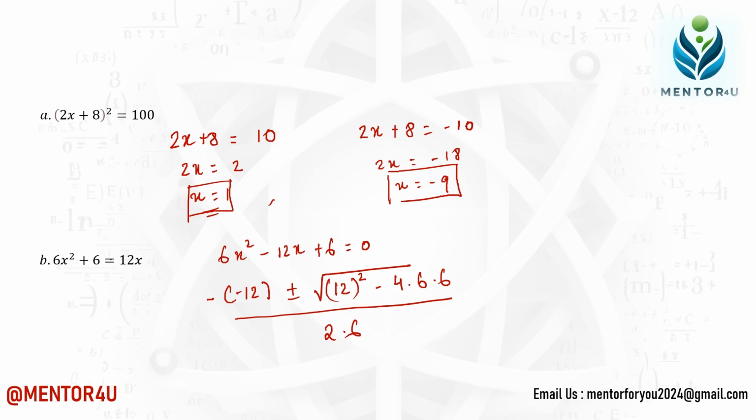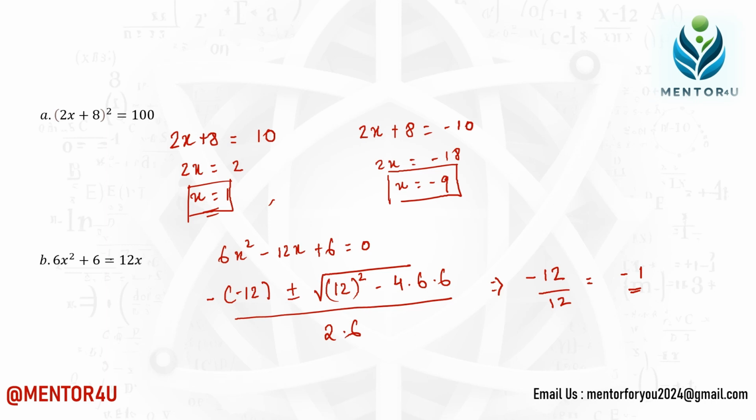I think 12 square is 144 and 6 multiplied by 6 multiplied by 4 is also 144. So they will cancel out. It will be 0. So we have minus 12 divided by 12, which is minus 1.